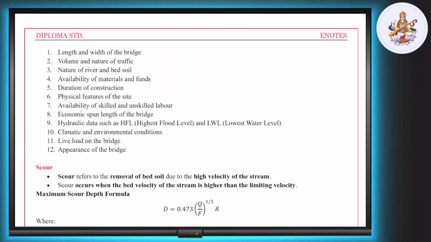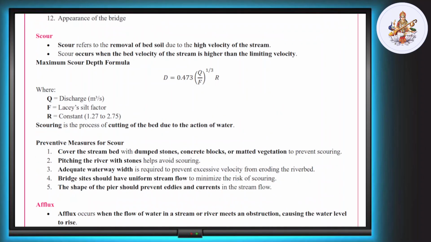Scour. Now let's understand scour, a very important hydraulic concept. What is scour? Scour is the erosion of soil from the riverbed, especially near bridge piers or abutments. It happens when the velocity of water exceeds the safe limit for that soil. Note down the formula for maximum scour depth, which is given below.